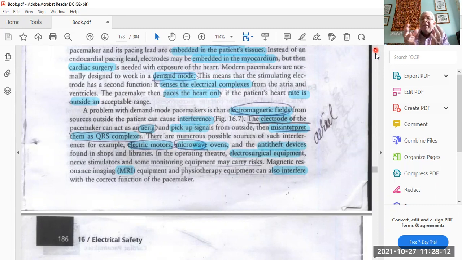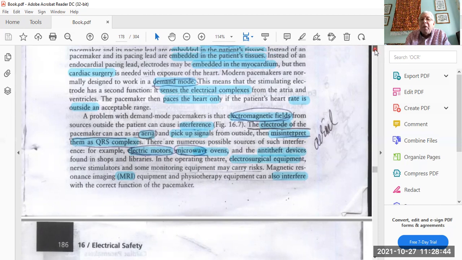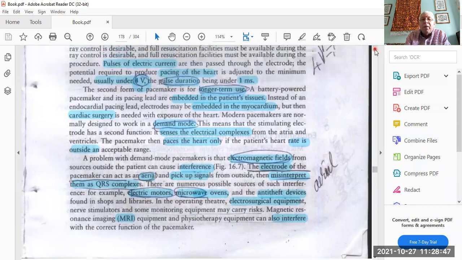This magnet makes this pacemaker act at a constant rate. So this is how to deal with non-demand type pacemakers when they are affected by electromagnetic waves coming from machines, so that they think they are coming from the heart and stop working. But nowadays, demand types are capable of dealing with such a problem.